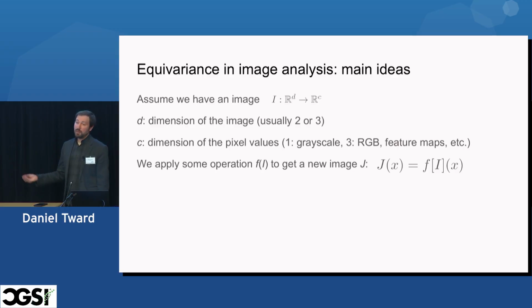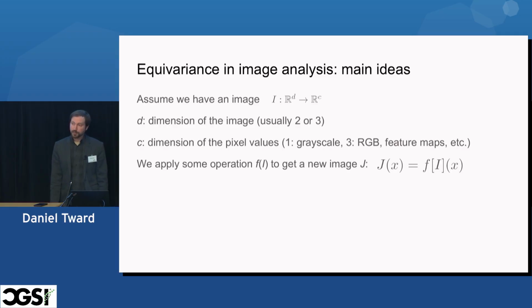And this is a function that maps to the space of pixel values. And the pixel values is going to be a list of C different numbers. So C could be 1 if it's just a grayscale image. It could be 3 if this is a red, green, blue image.